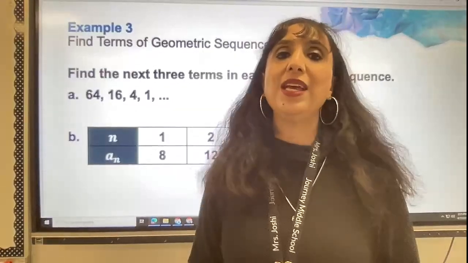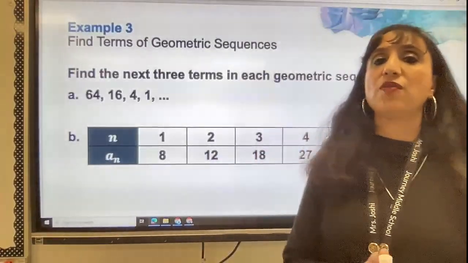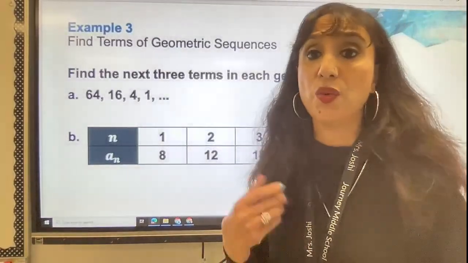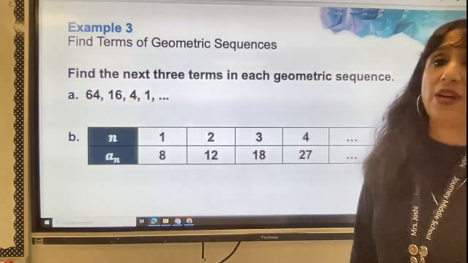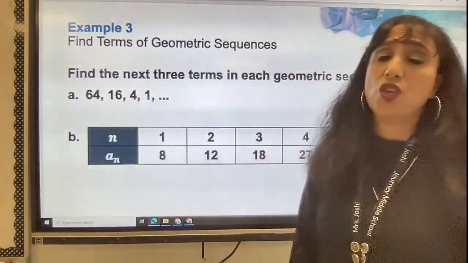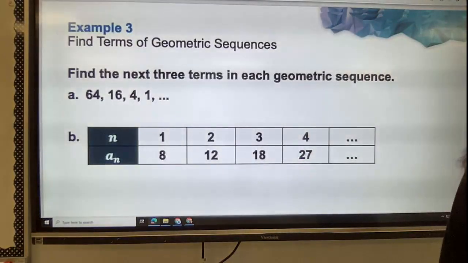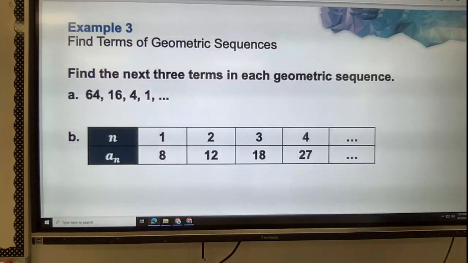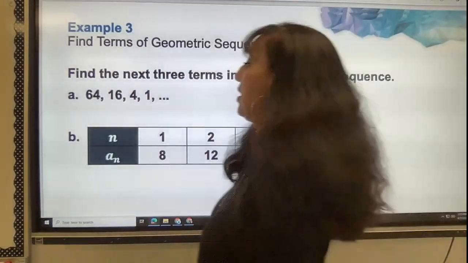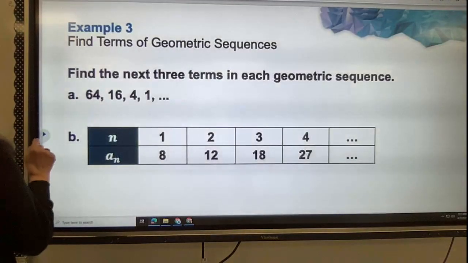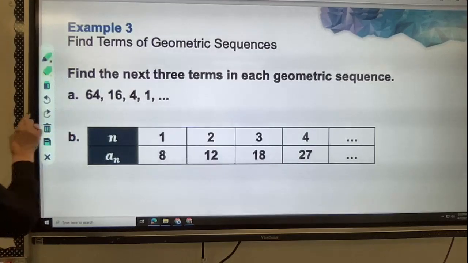All right, so the next thing that we'll have when we're finding terms of geometric sequences, we are supposed to find the next 3 terms in each geometric sequence. So once again, I can look at this and I am going to first find what the common ratio is. So I am going to go ahead and divide with the previous number.